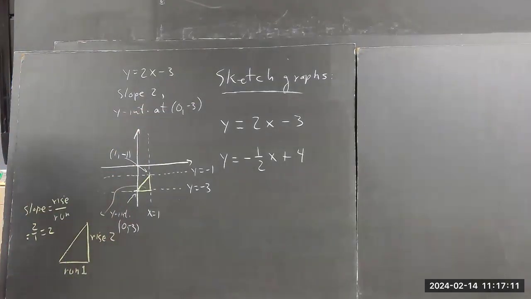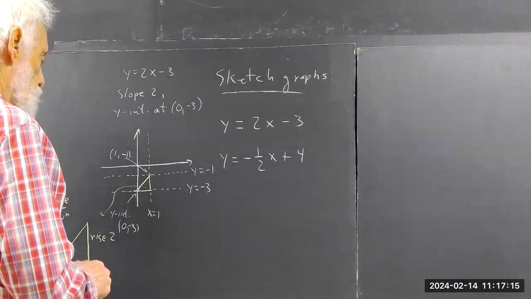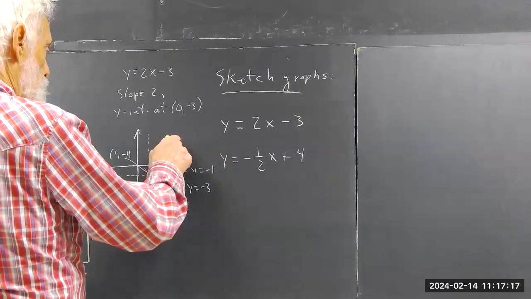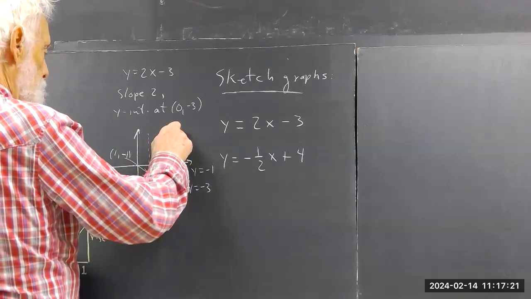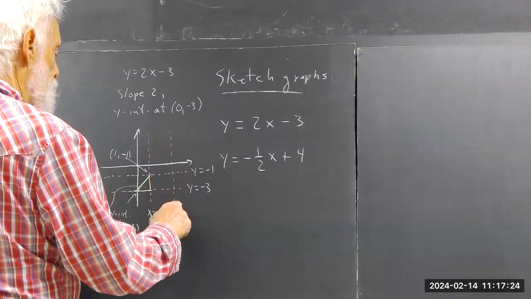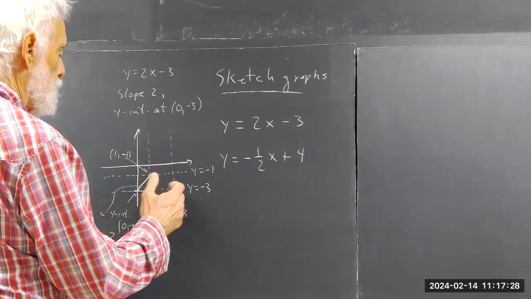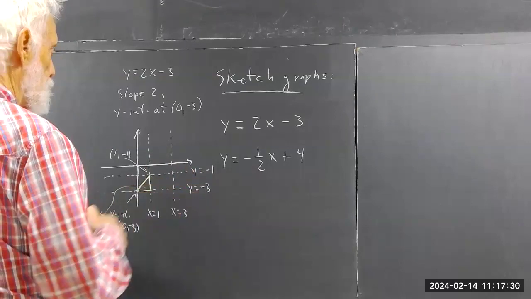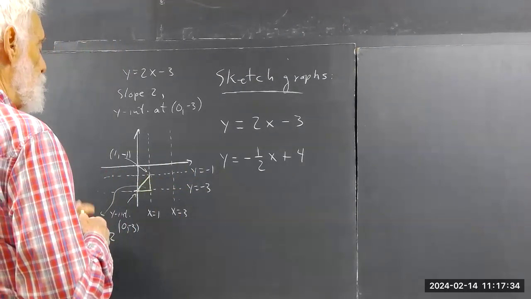If you want to sketch a little better one, you could go over to, say, x equals 3. Now, if this is x equals 1, you go over a couple more units and you get x equals 3. So let's say 1, 2, 3. 3 should have actually been a little further out that way, so I didn't draw it with great precision.